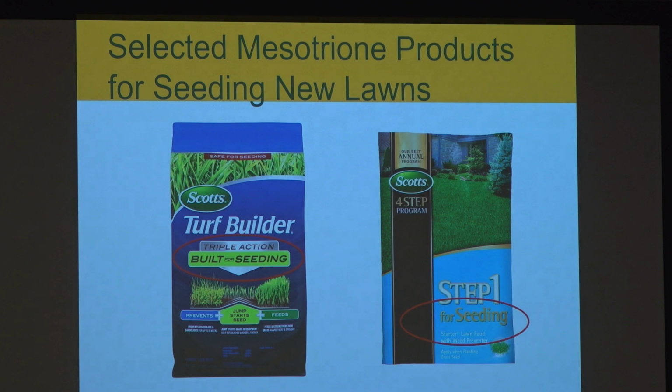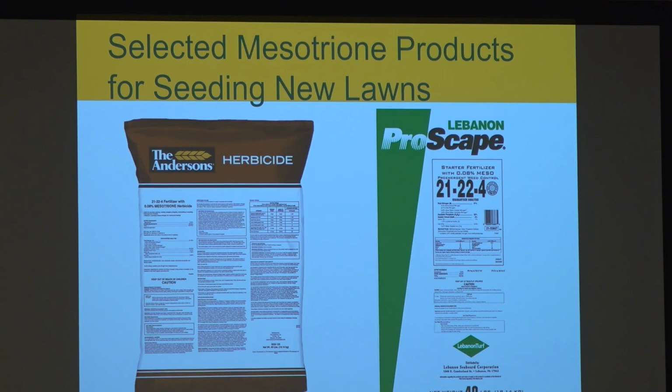There are a couple products that are on the market that contain mesotrione, but one thing you would notice is that it says built for seeding. So if you're looking for something that's got a crabgrass pre-emergent and you are seeding a new lawn this spring, look for one that says built for seeding and contains mesotrione. A couple other products that are on the market.